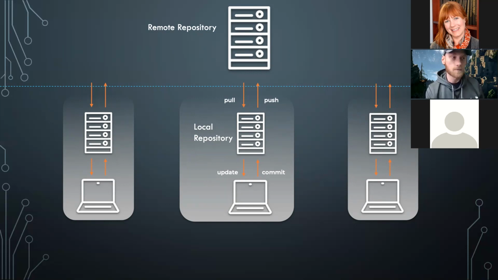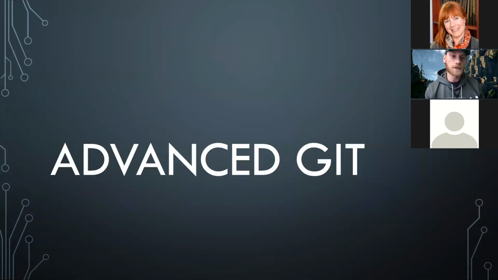That can be very powerful, but it can also sometimes run into issues, which we'll talk about in a second. So we'll talk about some advanced techniques that you are not necessarily going to need unless you're working with other people in groups.